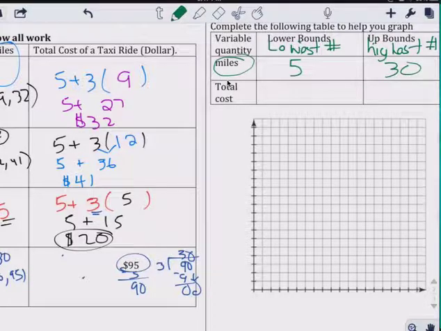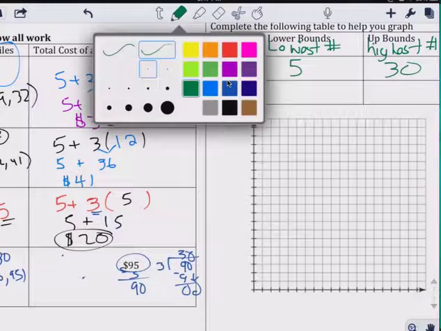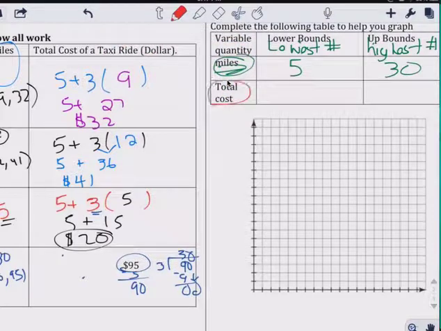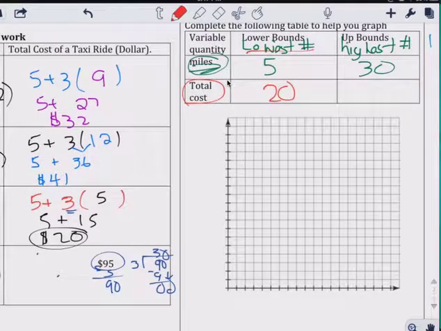Miles with miles. Okay? Now, total cost. The lowest total cost was $20. The highest total cost was $95.